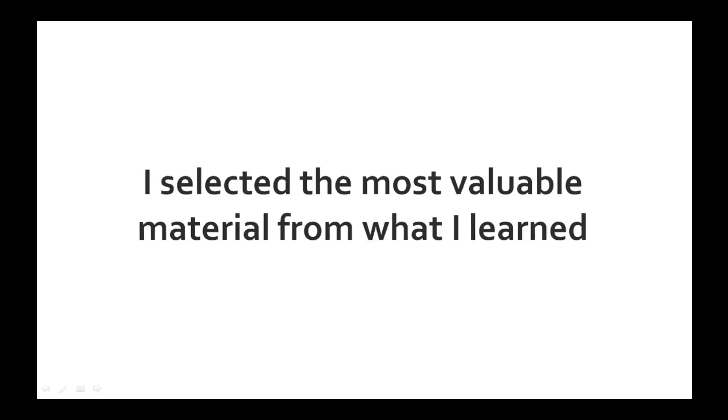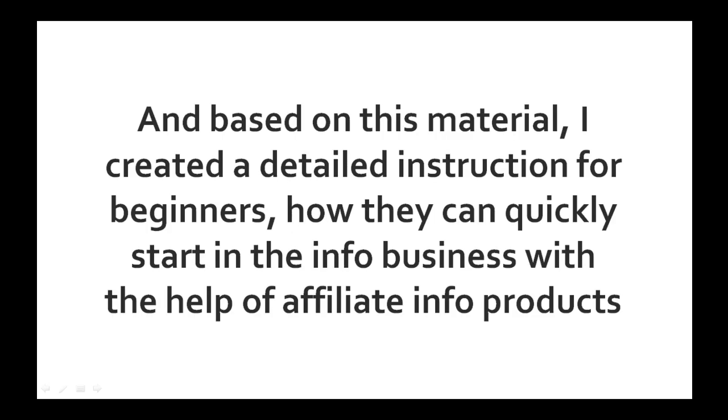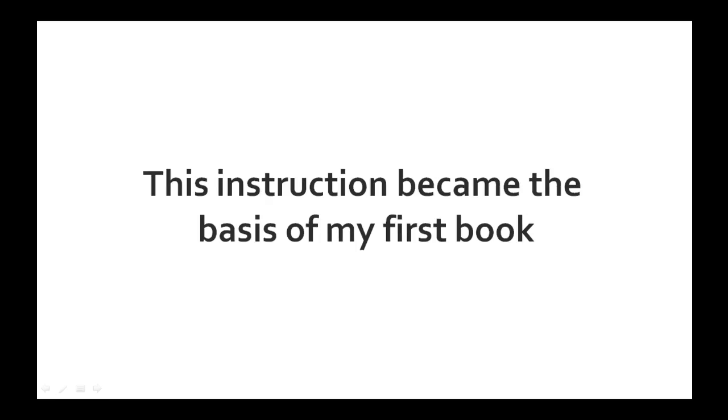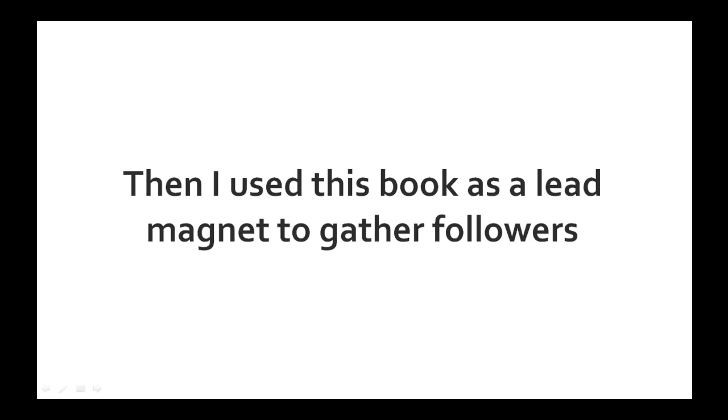I selected the most valuable material from what I learned, and based on this material I created a detailed instruction for beginners how they can quickly start in the info business with the help of affiliate info products. This instruction became the basis of my first book. Then I used this book as a lead magnet to gather followers.